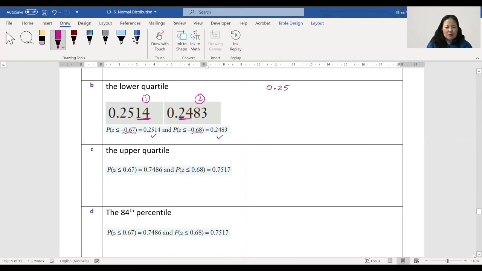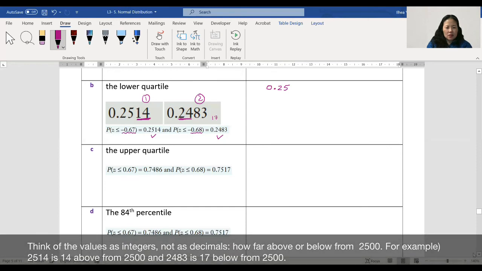Roughly about 17. Okay, you need about 17, and you've done over 14 above. So basically what that means is we got 0.25 here, and then I have a number that is 14 above, the 0.2514, and then down 17 I've got 0.2483.